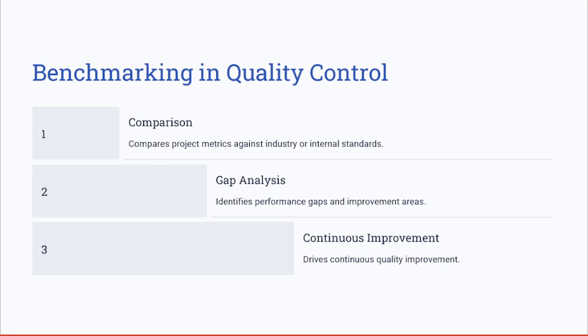So think that you are running a project where you're trying to deliver food and services to one of your clients. As a best practice, to ensure that you are meeting the quality requirements, think of the other competitors who are already in the market and delivering the same services, meals or foods, whatever service you are delivering.